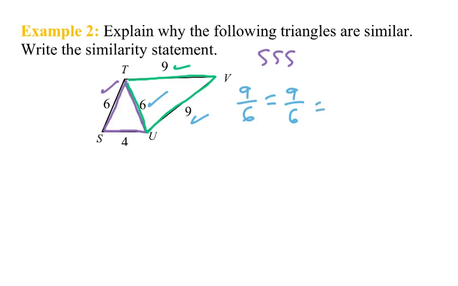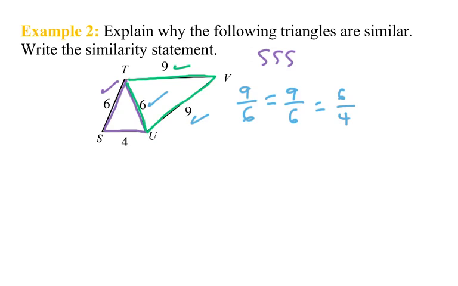That would be 6 from the green triangle over 4 from the purple triangle. One thing to note here is when you create these ratios, I can safely refer to these as the green triangle and the purple triangle. The numbers across the top, the numerators, all need to be values coming from the same triangle. Those are all measurements from the green triangle, whereas the denominator contains measurements from the purple triangle. You have to stay consistent like that.